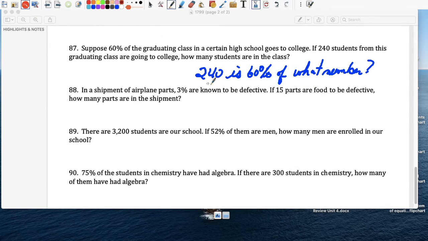Let's identify everything. 240 is the part, 60% is the percent, and what number is the whole? I want to know the whole: what was the graduating class in high school? How many kids in total were in that graduating class?